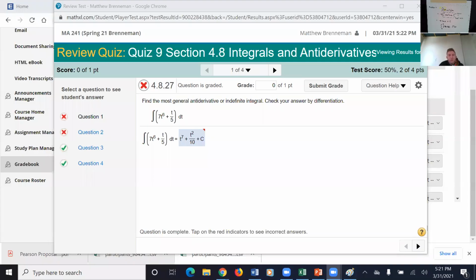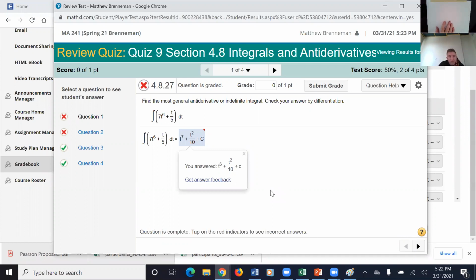Okay, so the first one, let's see what happened. Do you see what you did wrong here though? I don't entirely see what I did wrong.